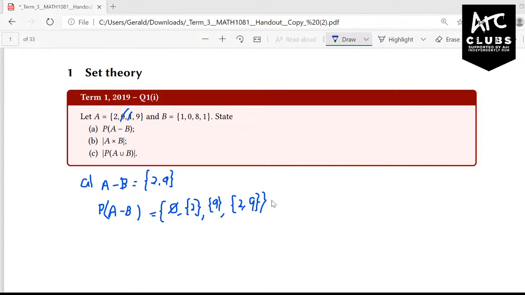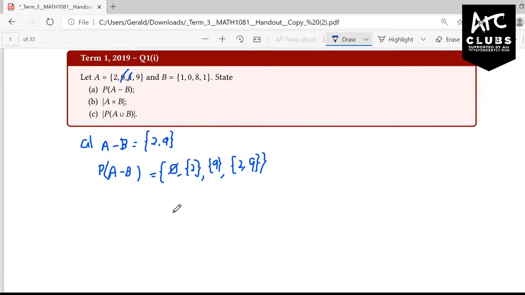Yeah. So the power set of A minus B should contain 4 elements. Remember that the cardinality of a power set is 2 to the power of the number of elements in your set. So that's how you can tell that you have also got everything that you need. Cool. I will just erase this for now.